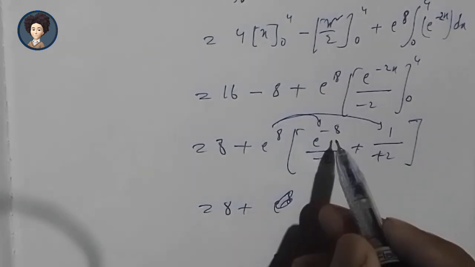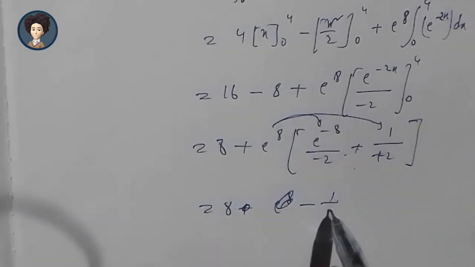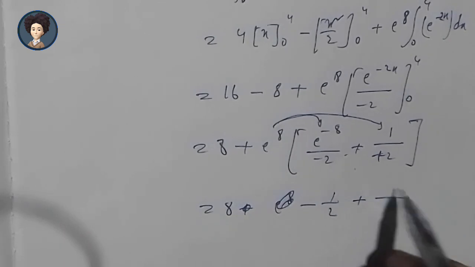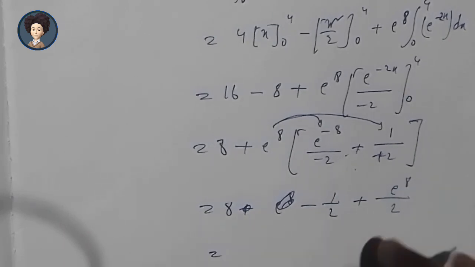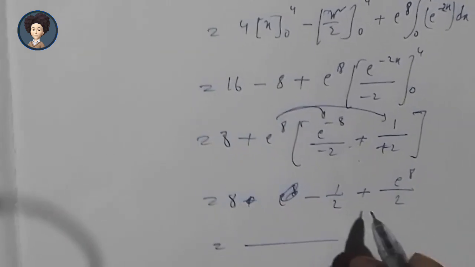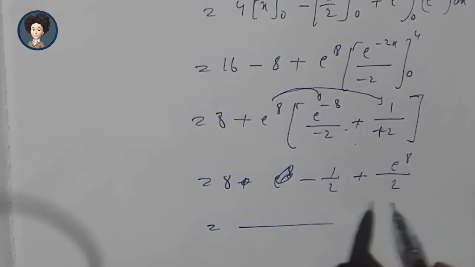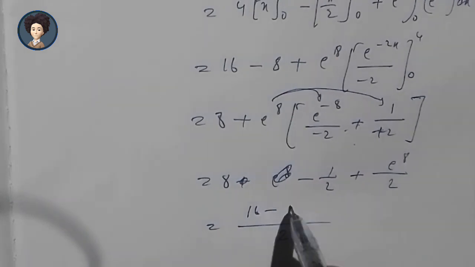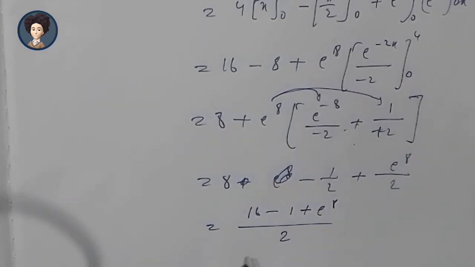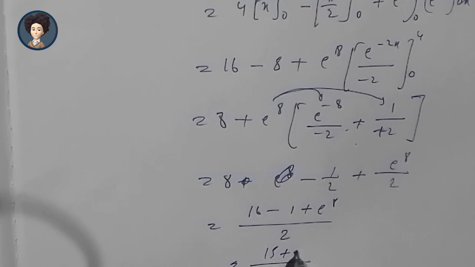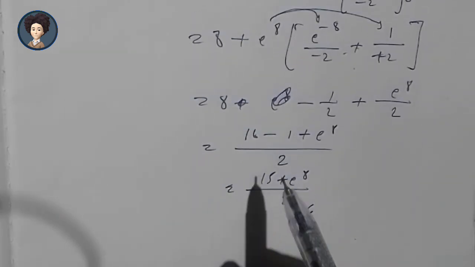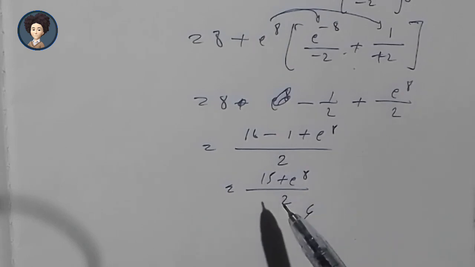So this one and this one will cancel out, and here is left minus 1 by 2, and this one and this one will become plus e to the power 8 by 2. Again, simplifying this, taking the LCM of these terms, we get 2, and here 16 minus 1, and plus e to the power 8, and this again becomes 15 plus e to the power 8 by 2, which is the same as we found using the previous method.